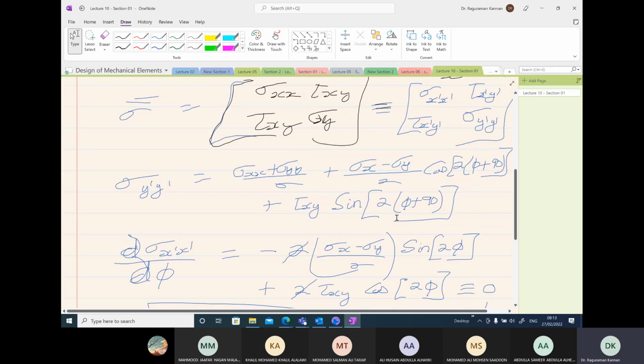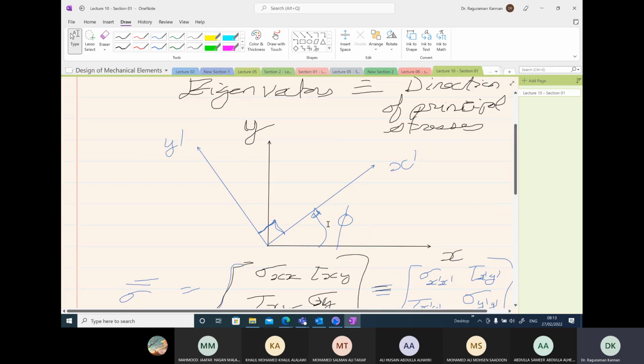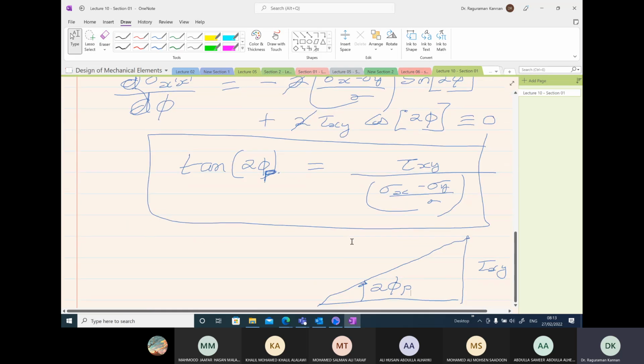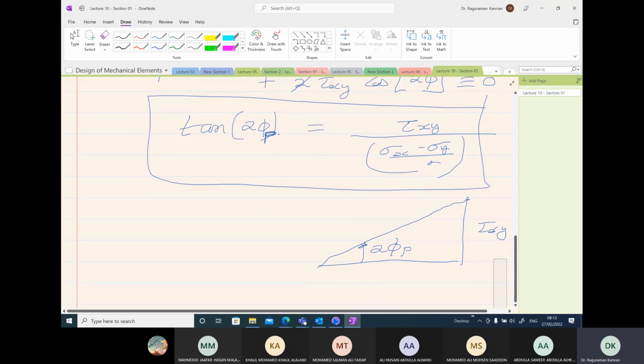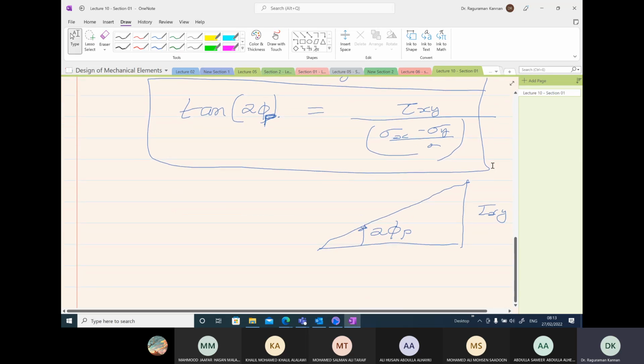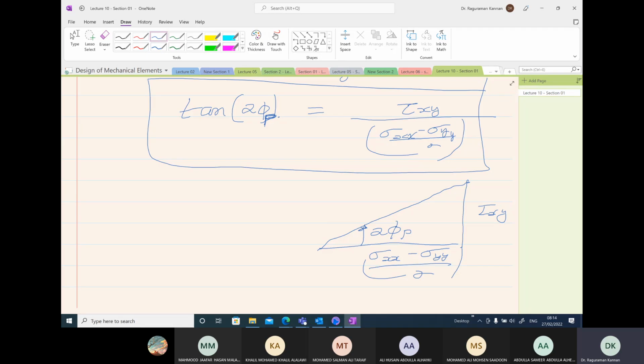The original angle here is phi, but when we go for the formula, all the angles are substituted 2 times angle phi. So the adjacent side is sigma x minus sigma y over 2. So how do I get the hypotenuse here?